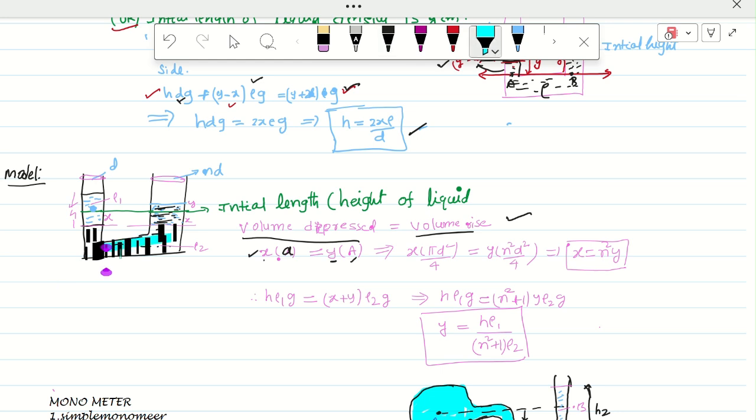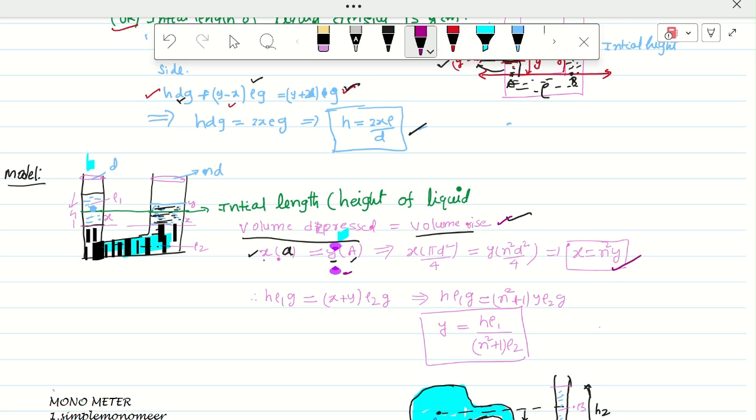The liquid already there up to the initial level rises on this side. This x value in the left limb will be raised in the right limb. So the volume depressed in the left limb is equal to the volume raised in the right limb. Volumes means x into area, y into area. So now we get the x and y relation.